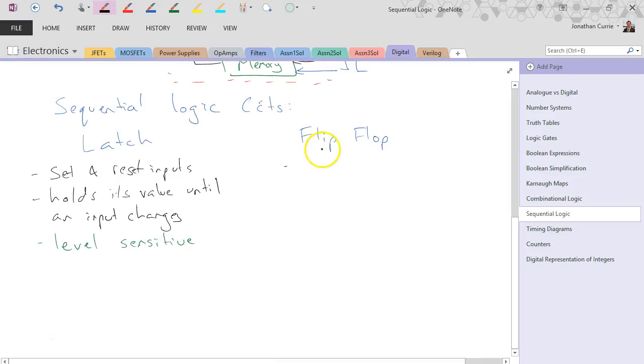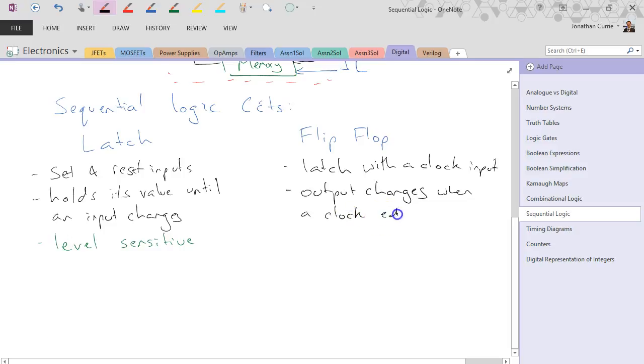Versus a flip-flop is a latch, so all of this, with a clock input, and the output changes, so it holds it and then its output changes when a clock edge is detected.